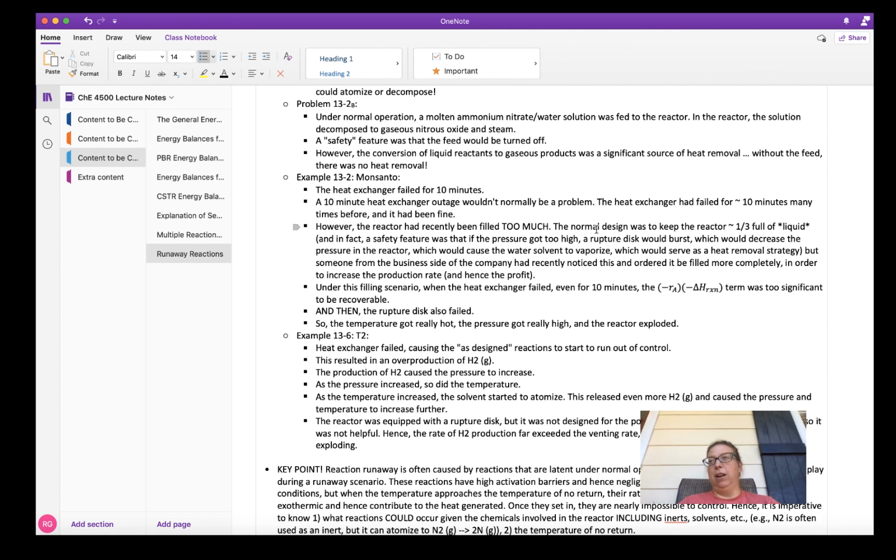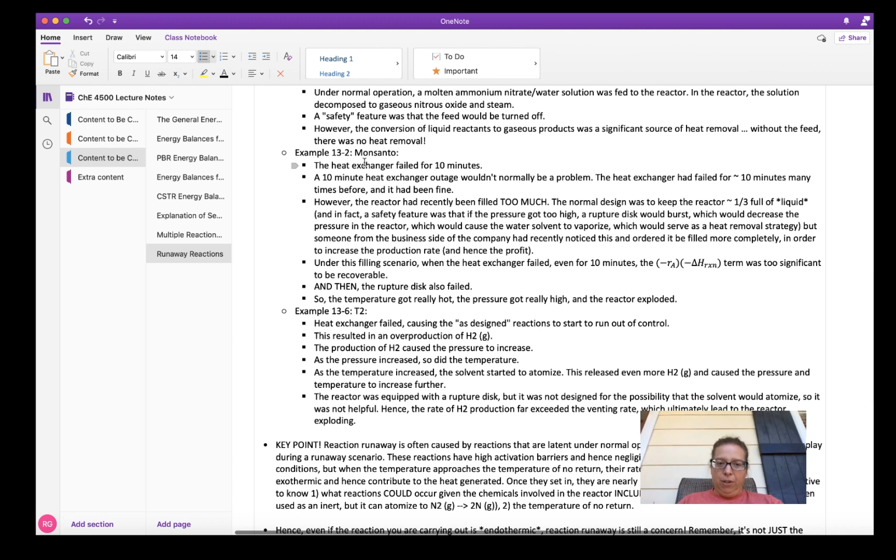By shutting off the feed, a significant source of heat removal was also removed. This is an example of why it's important to identify what exactly contributes to the heat generation and heat removal terms, because we certainly don't want to remove heat removal terms in a reaction that is generating heat.